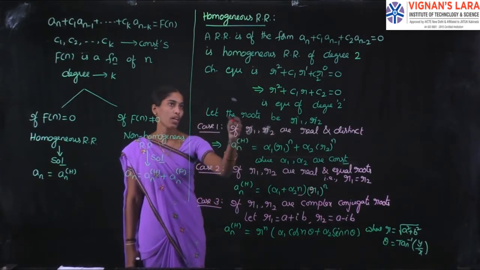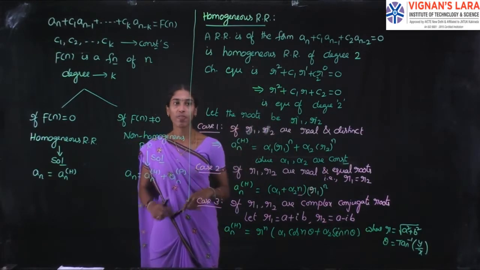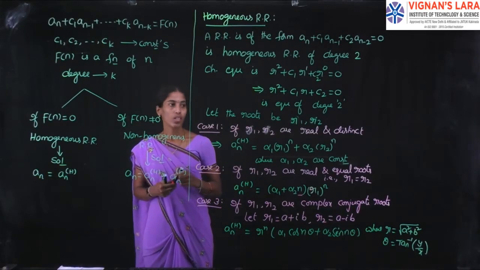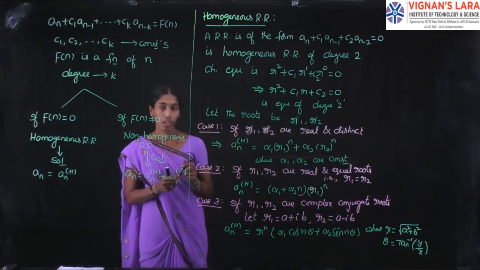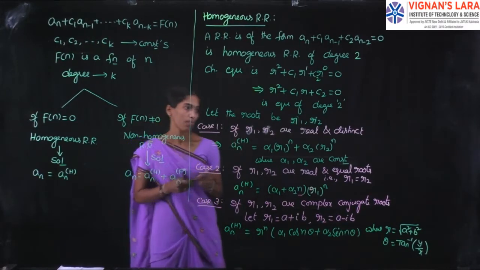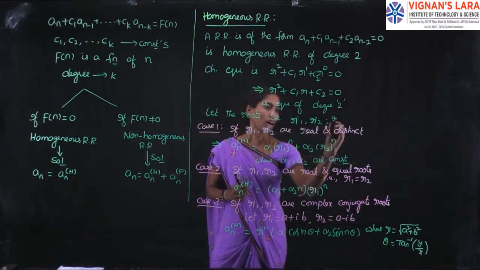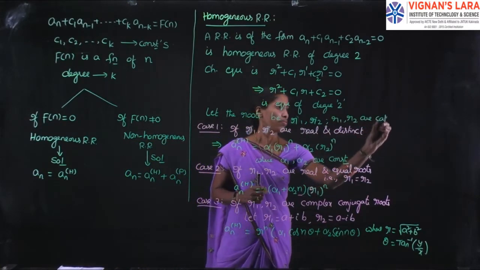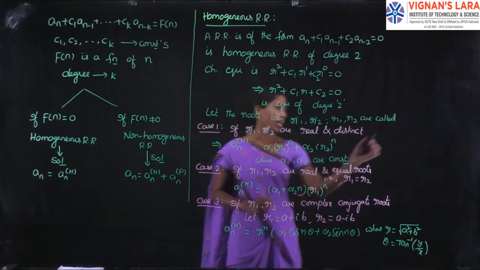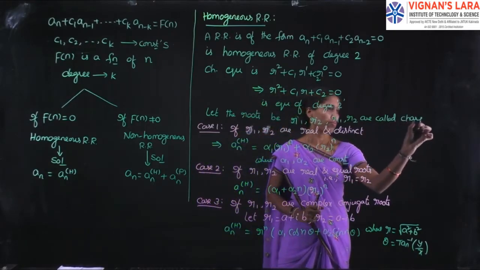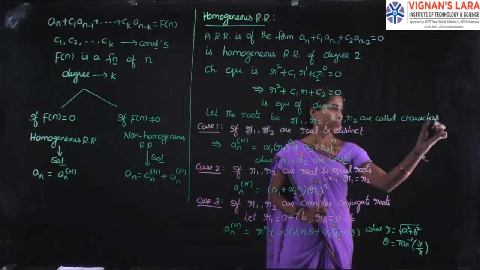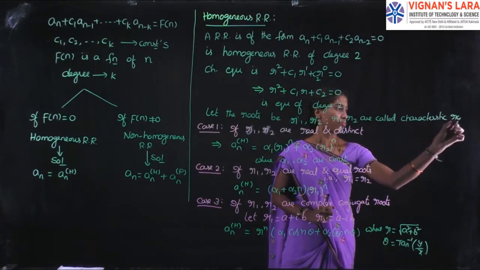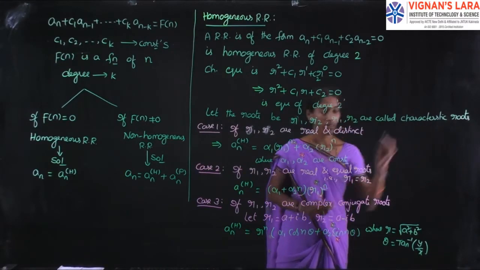After writing its characteristic equation, find its roots. Those roots are called characteristic roots. Here r1 comma r2 are called characteristic roots, right?